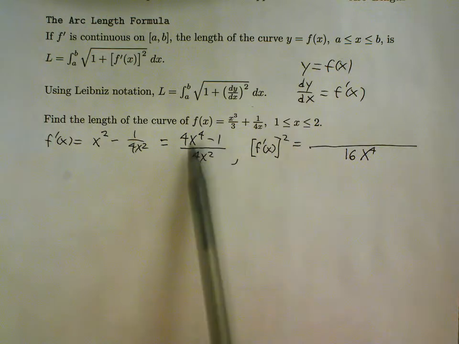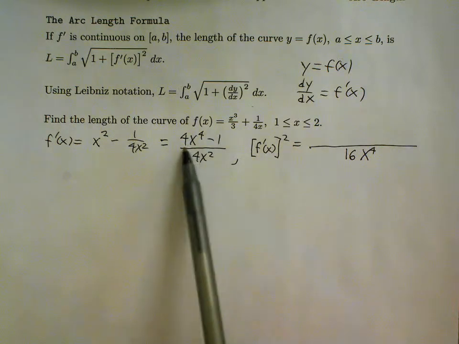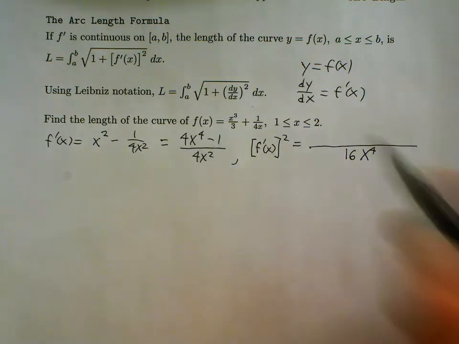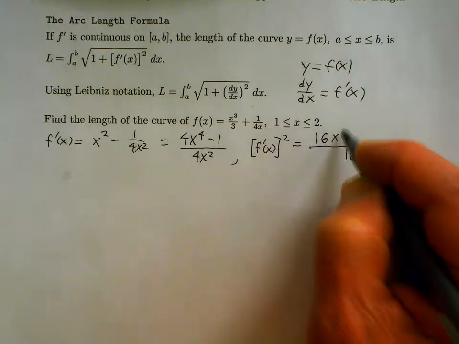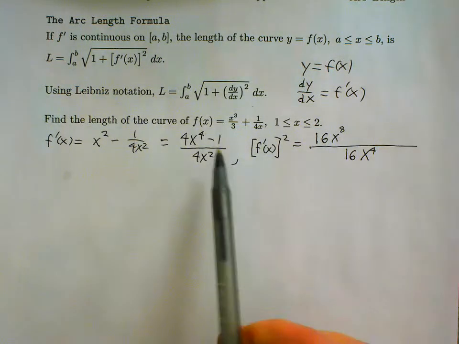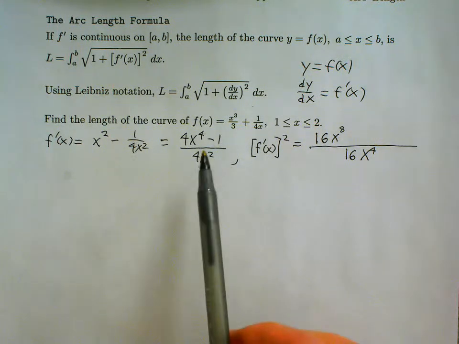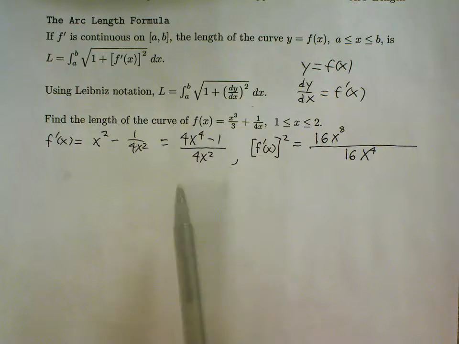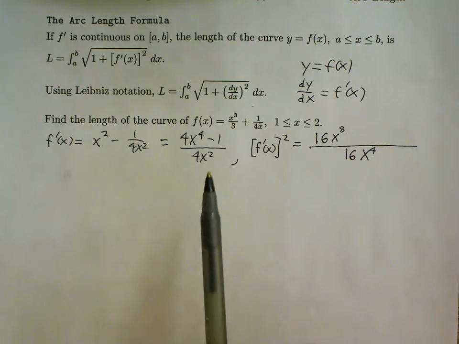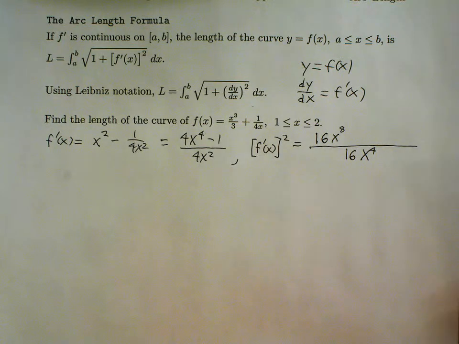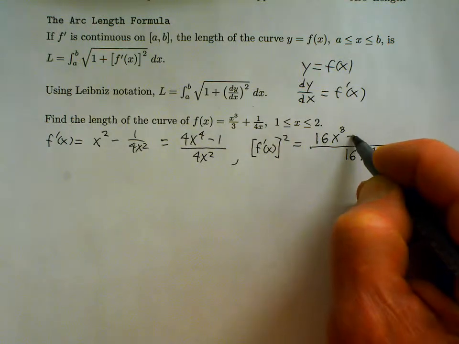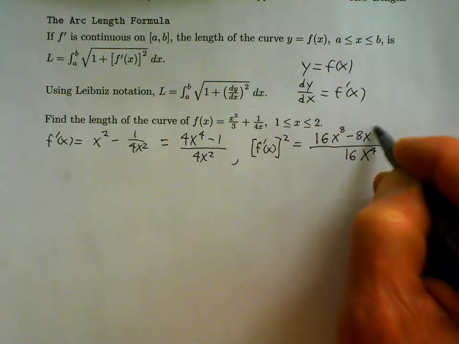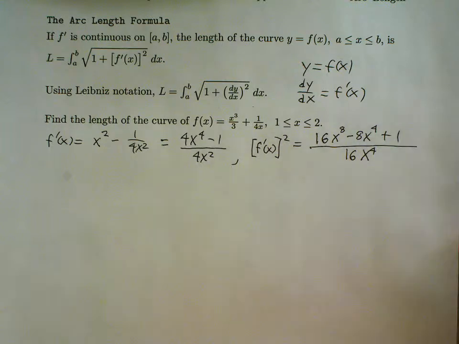Okay, in the numerator, when we square the quantity 4x to the fourth minus 1, we're going to get 16x to the eighth minus 4x to the fourth minus 4x to the fourth a second time, and then plus 1. So altogether, in the numerator, 16x to the eighth minus 8x to the fourth plus 1.